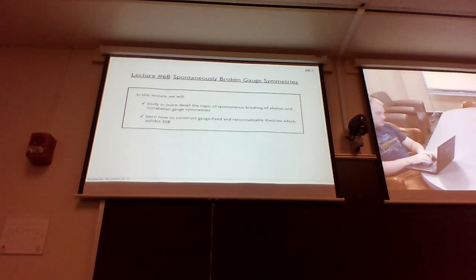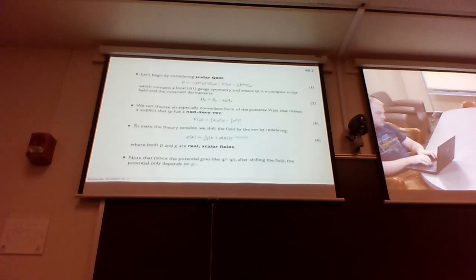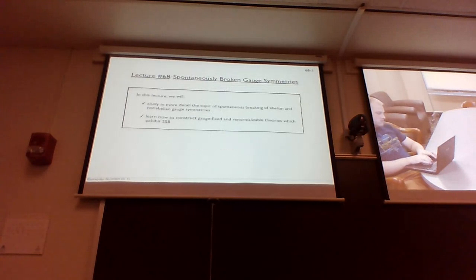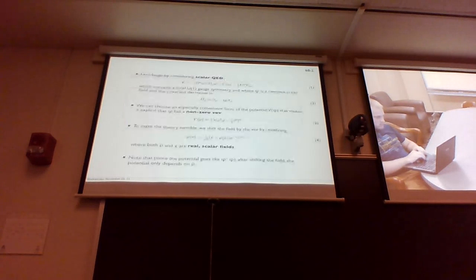So we've seen that the gauge symmetry prohibits a mass term from being written down for our vector fields. So what we can try to do is maybe use this spontaneous symmetry breaking mechanism to generate masses not only for the scalar fields but also for the vector fields. So that's our goal.